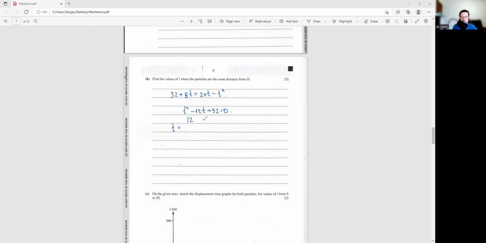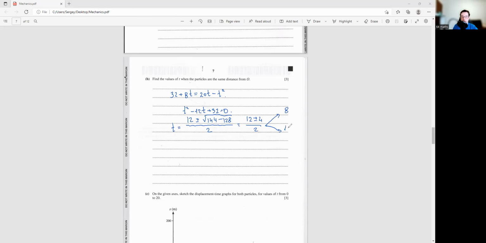I'm going to use the quadratic formula, although I feel like I could have factorized actually, but okay. Okay, 12 plus or minus 4 over 2. And if I take it with a positive sign, I got 8.